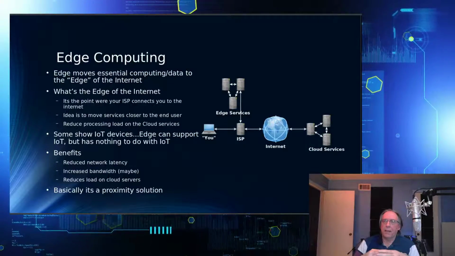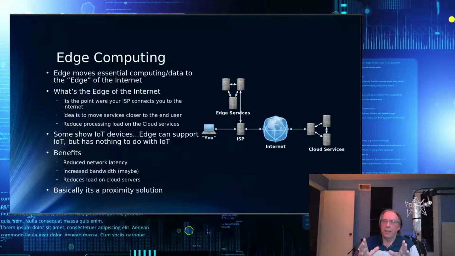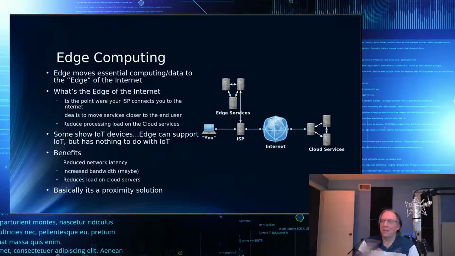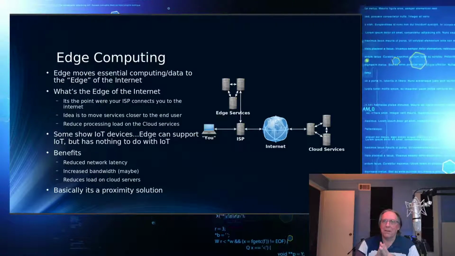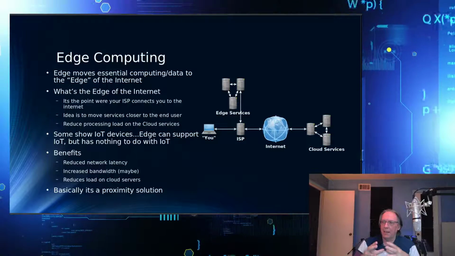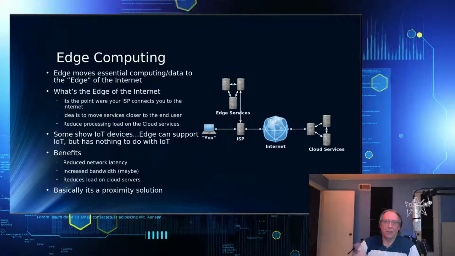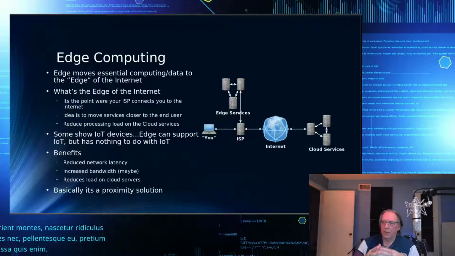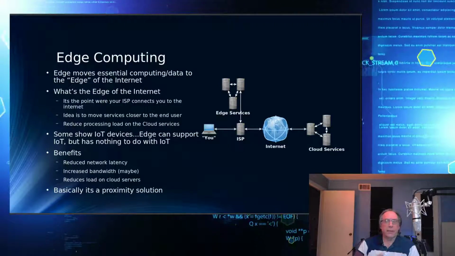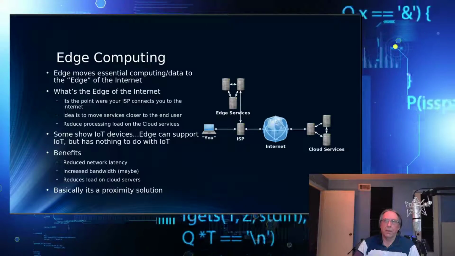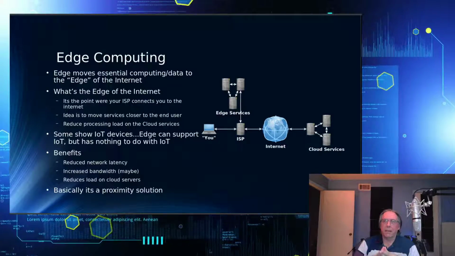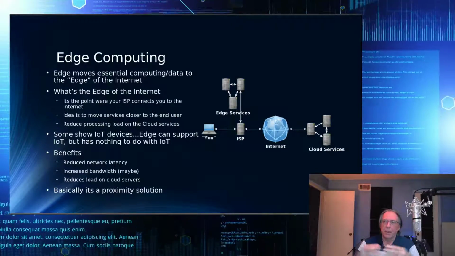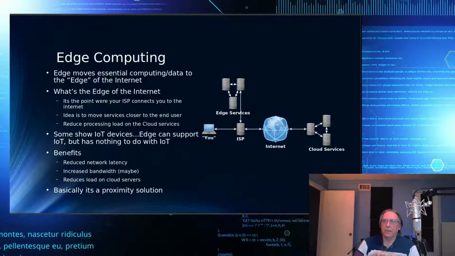Yes, IoT devices are used in edge, but IoT devices themselves have nothing whatsoever to do with edge computing. They're just an application that's using the technology. So the benefits of edge are to reduce the network latency, to increase the bandwidth, and reduce the load on the cloud servers. And basically, it's a proximity solution. In other words, I move the data closer to where it's being used.